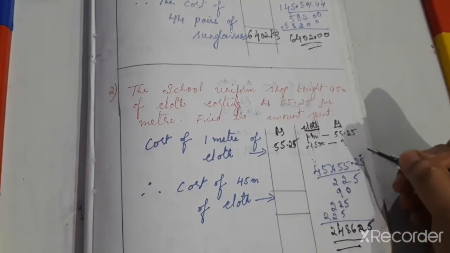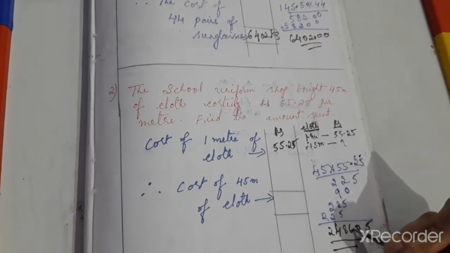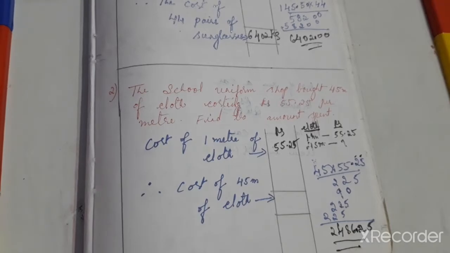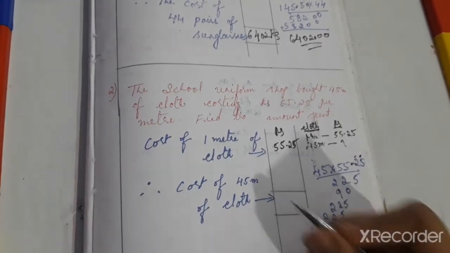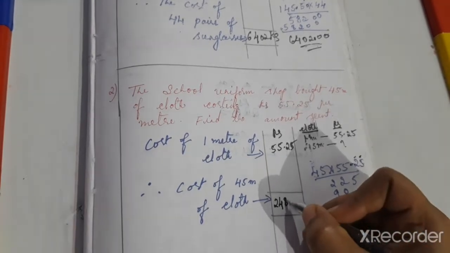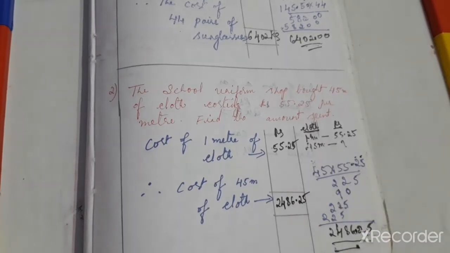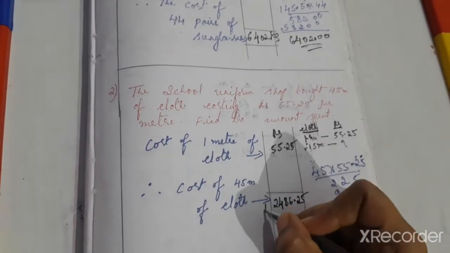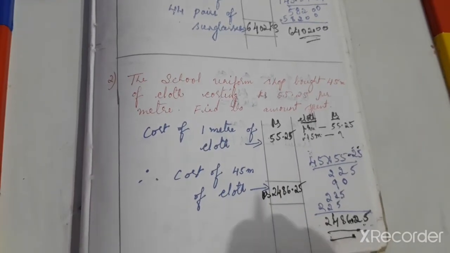After two numbers, the decimal point, so in your answer also after 2 digits the decimal point. The value is 2486.25, that is 2486 rupees and 25 paise.